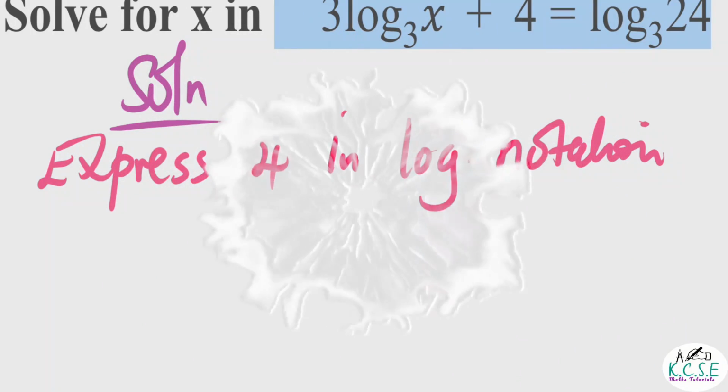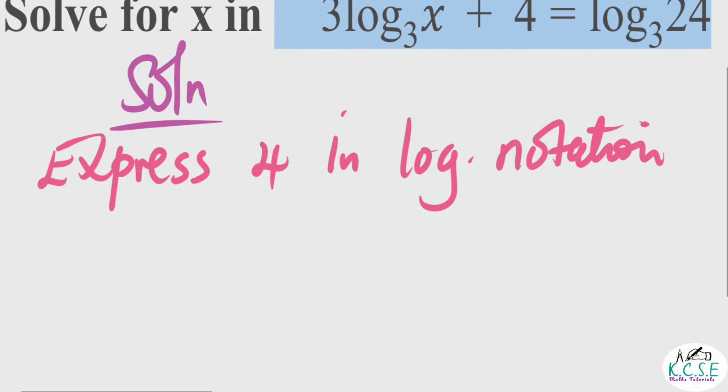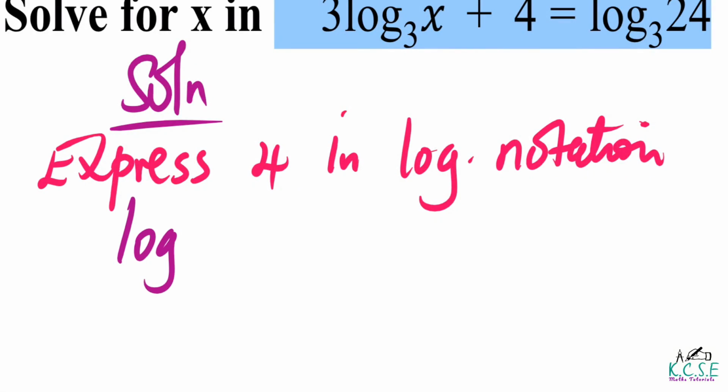And this is how you're going to do it. You say the log to the base of 3 of a certain number x is given by 4. Therefore, x will be given by 3 raised to the power 4.